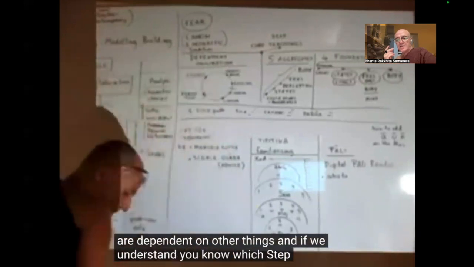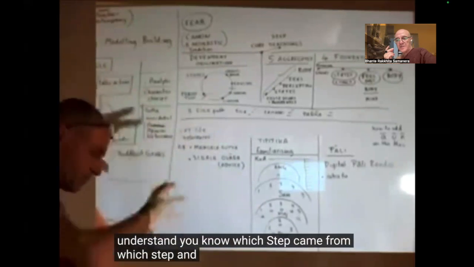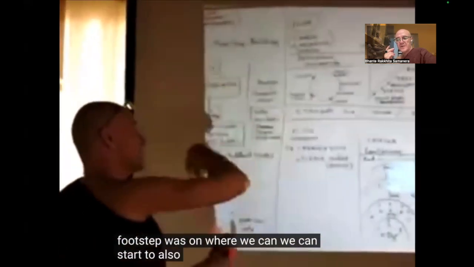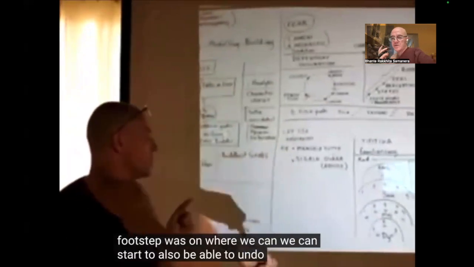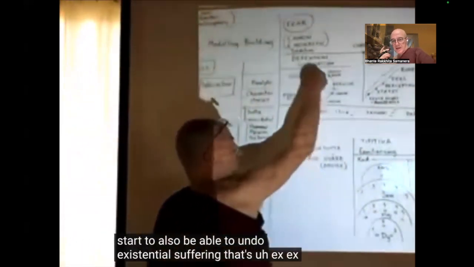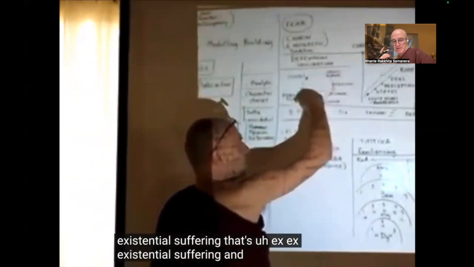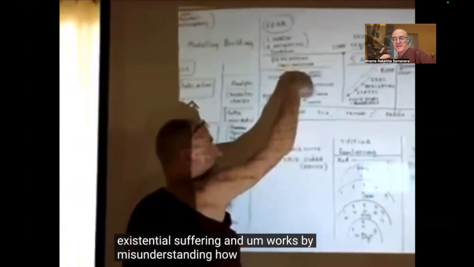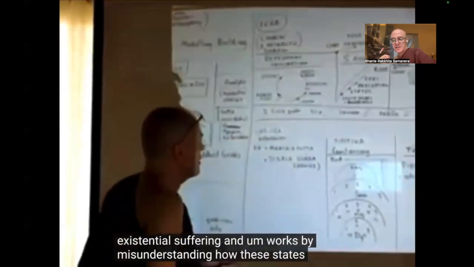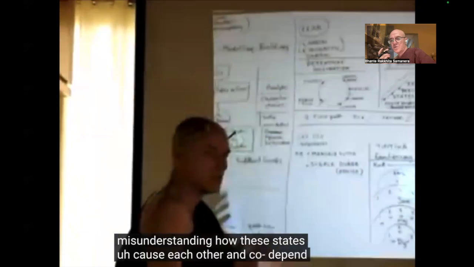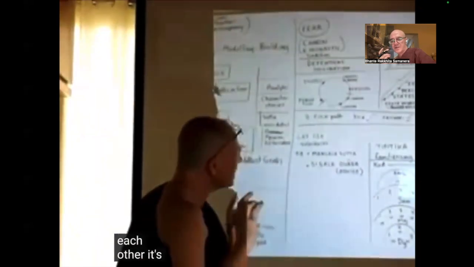If we understand which step came from which step, and when it happened, which footstep was on where, we can start to be able to undo existential suffering, which works by misunderstanding how these states co-cause each other, co-depend on each other.